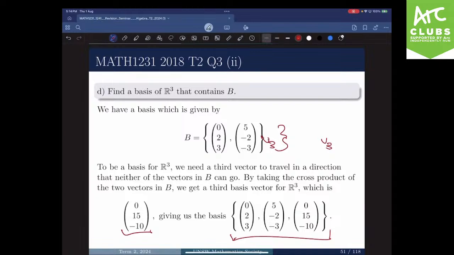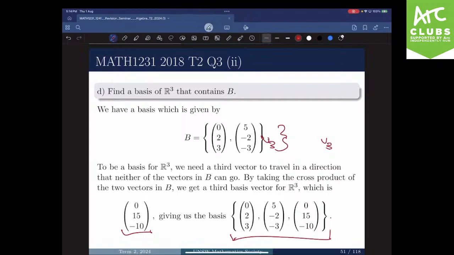Okay, so we can find the basis of R3 through the basis of the image. Wait, what exactly is your question? The original basis is from the image, right? Yeah.